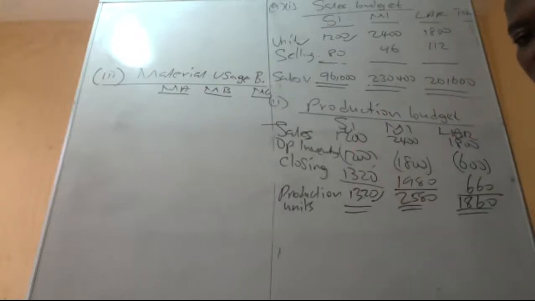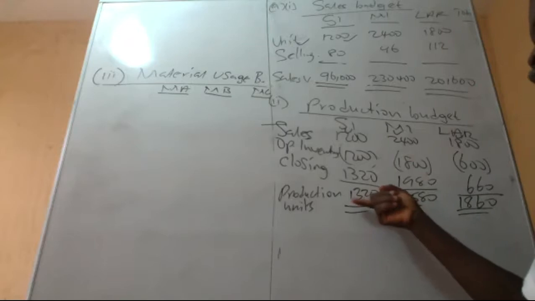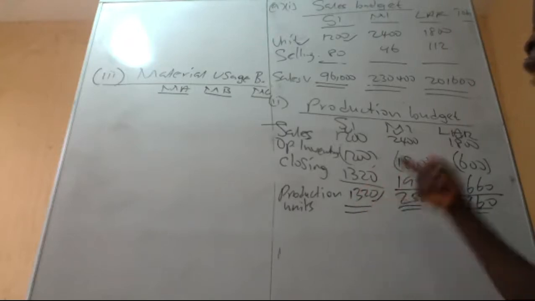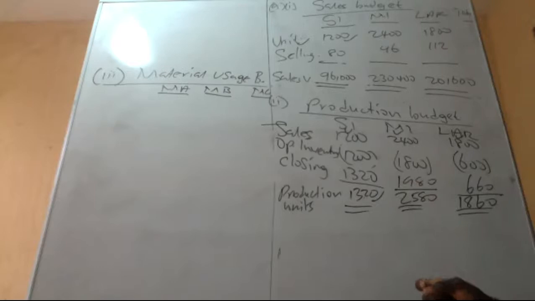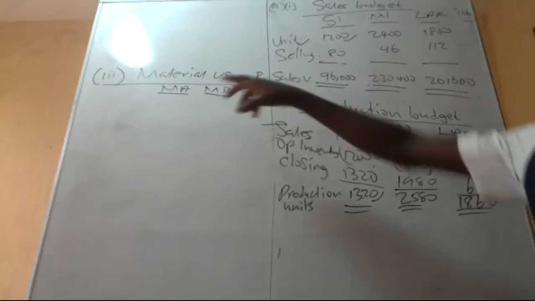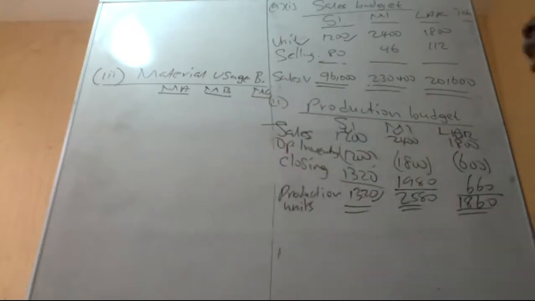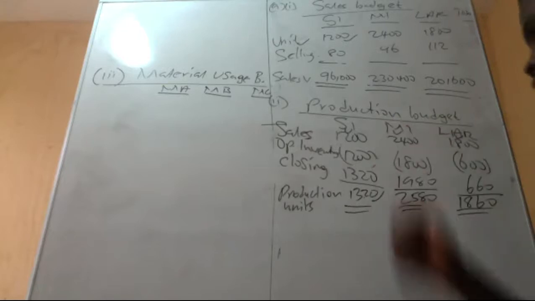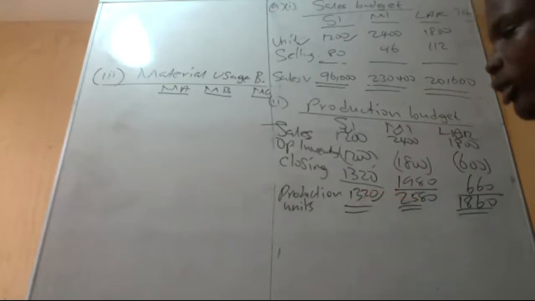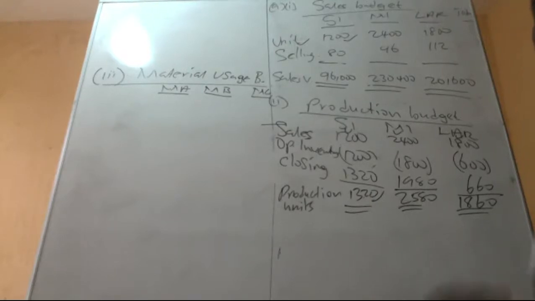Putting all these materials into consideration, if you're going to produce 1,320 bottles or liters of Sobolo, how many leaves, how many spices, how many bottles will you require? So that's the material usage budget, the quantities that will help you to produce. So let's go to the question and jot them down.